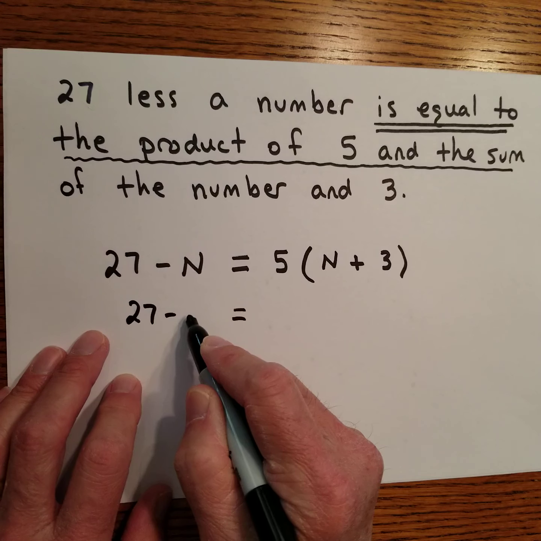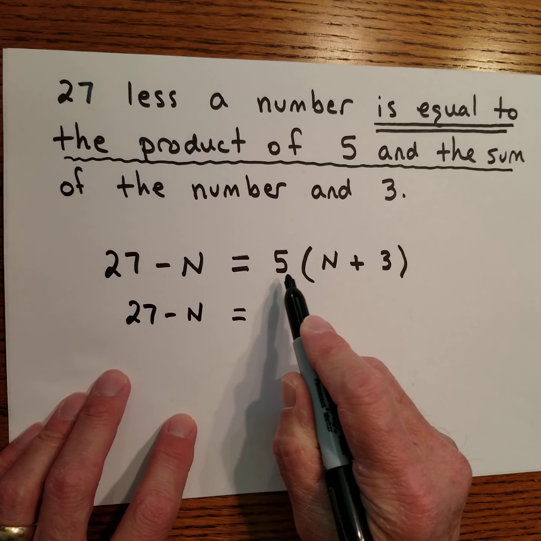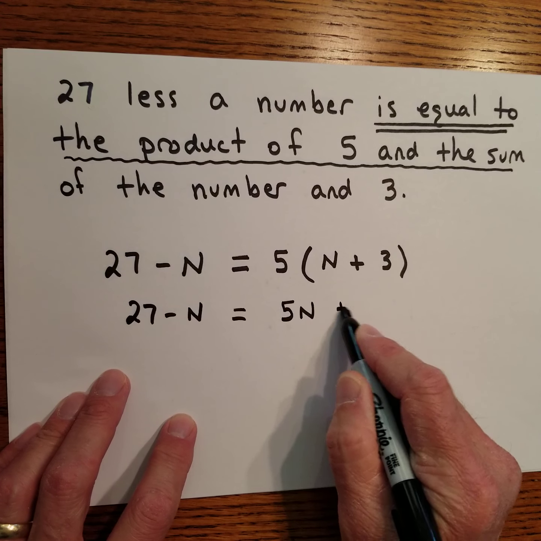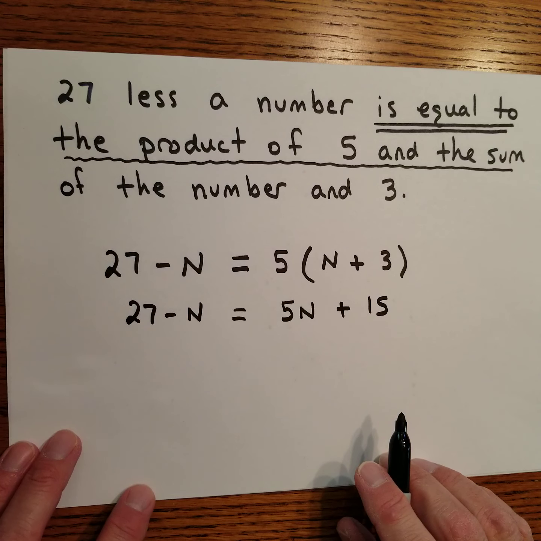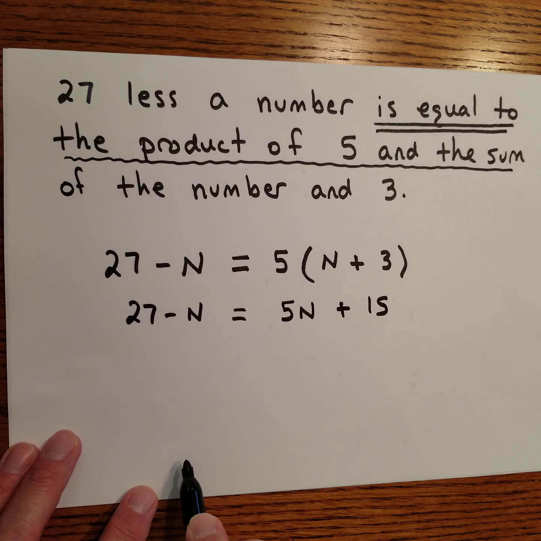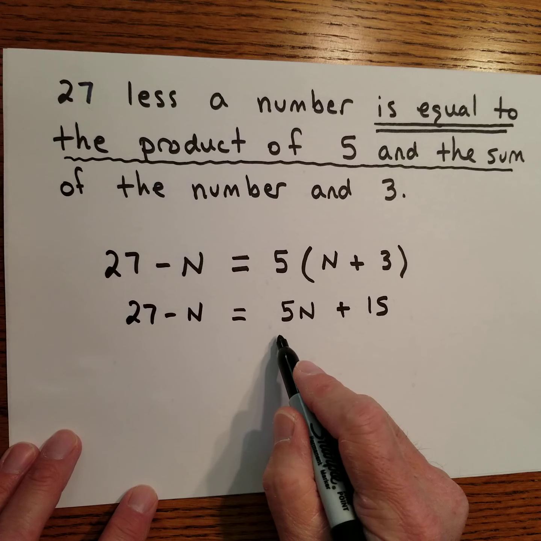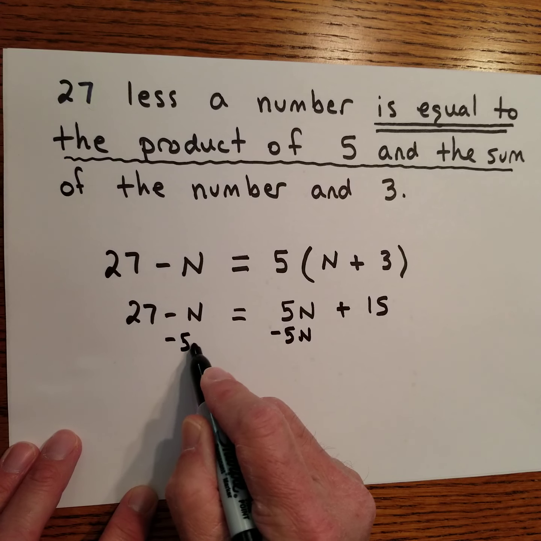I'll copy on this side, and we'll distribute the 5. 5 times n, 5 times 3. When I'm done, I'm going to finish with n on the left, not on the right. Let's get rid of that 5n by subtracting 5n from both sides.